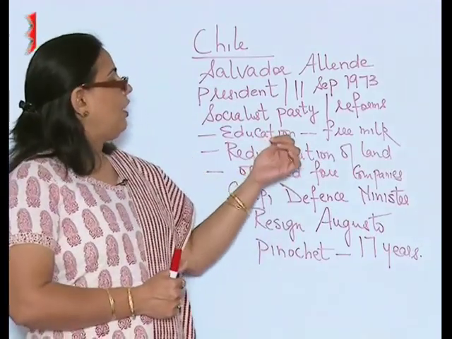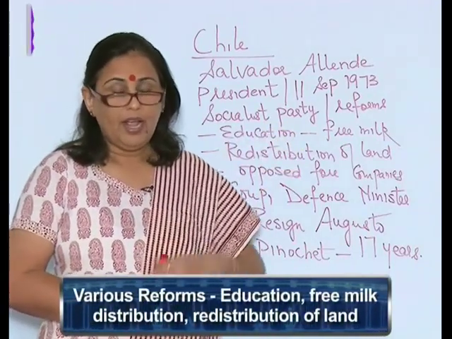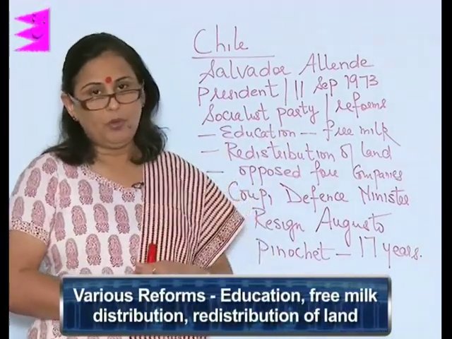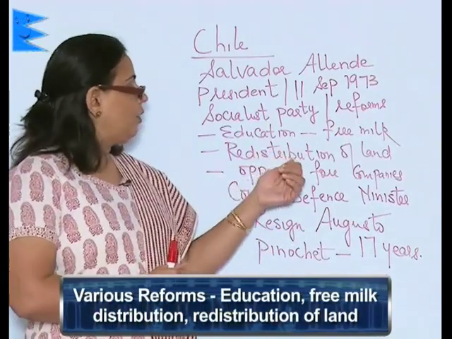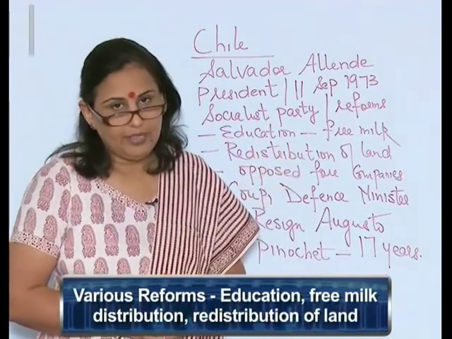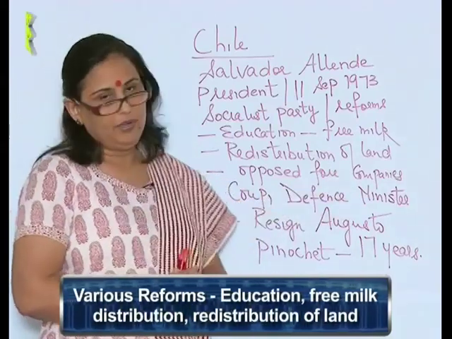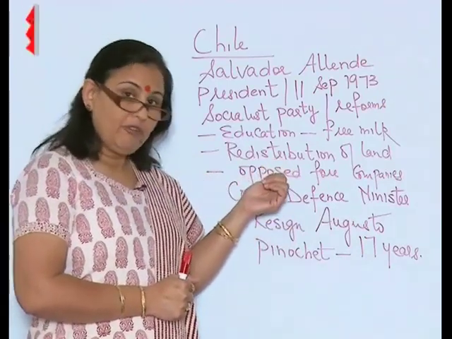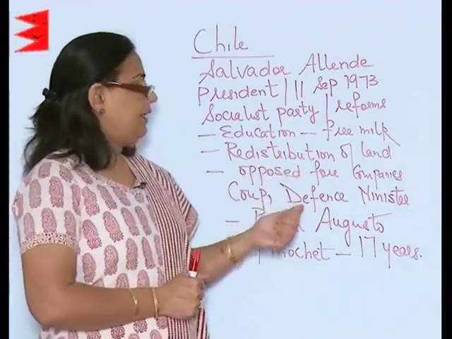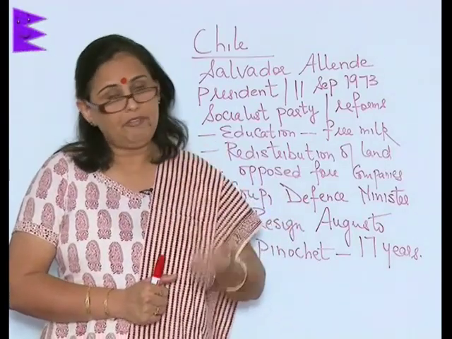There were reforms in education, and free milk was distributed amongst the poor children, and he also redistributed the land among the landless farmers. He was also against the foreign companies who were taking away the natural resources like copper from Chile.